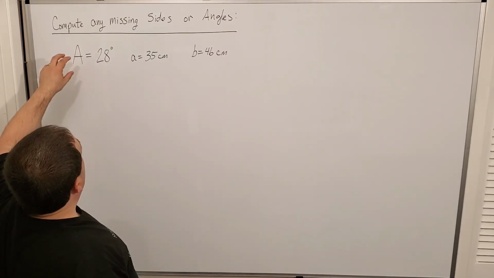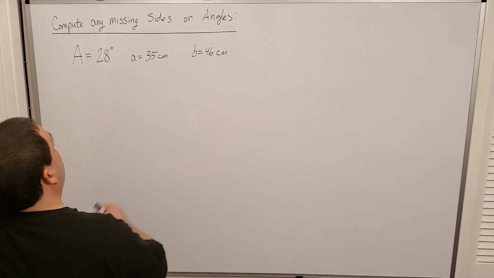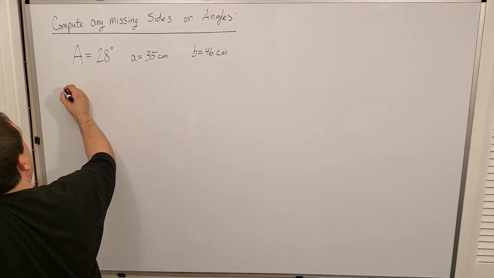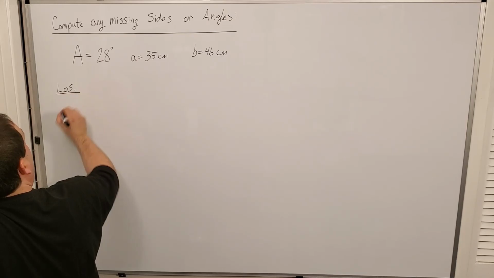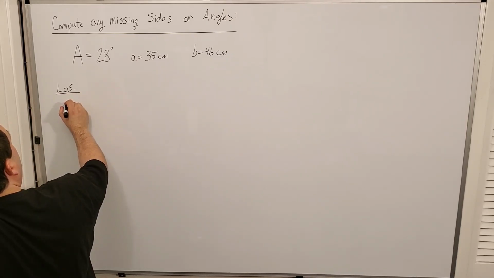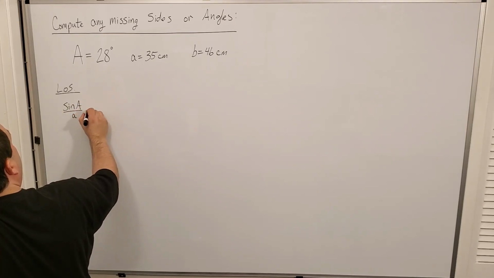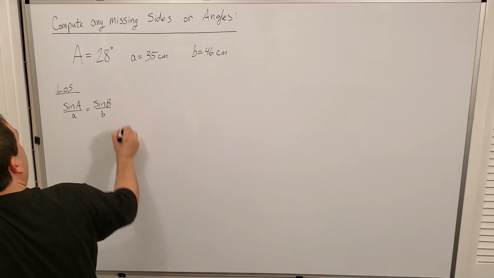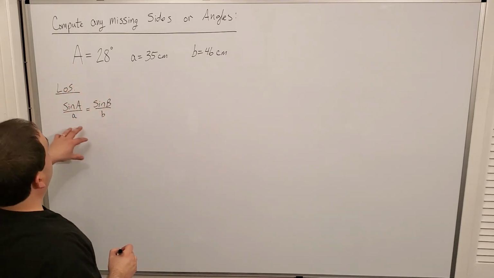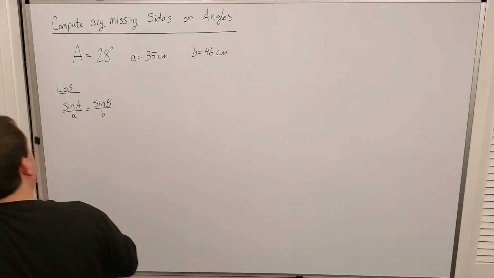So I notice right away that I've got big A, little a. So for law of sines, I know that I can do the sine of A over little a is equal to sine of big B over little b. So I'm going to use this setup with the pieces of information that I have here.